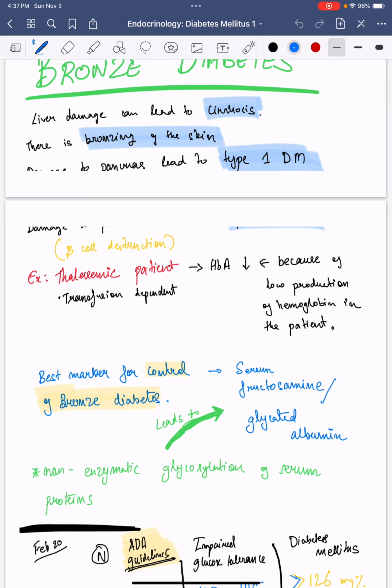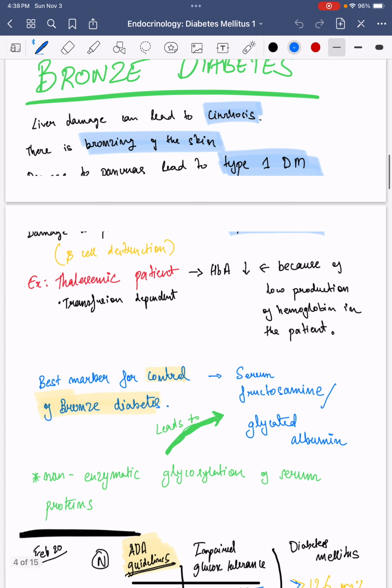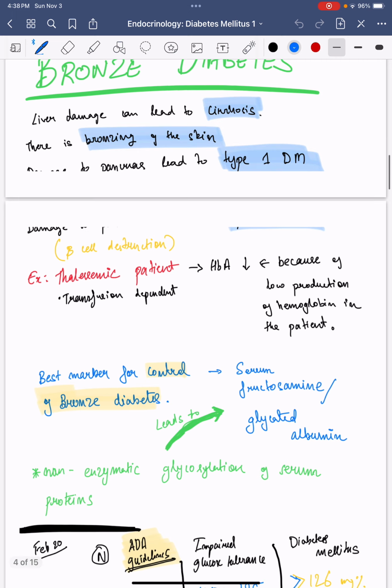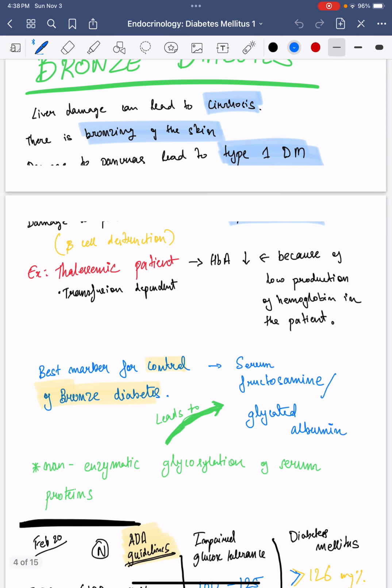For example, in a thalassemia patient, if the adult hemoglobin level falls because of low production of hemoglobin, the thalassemic patient is already transfusion dependent. So in a thalassemic patient we can see bronze diabetes.